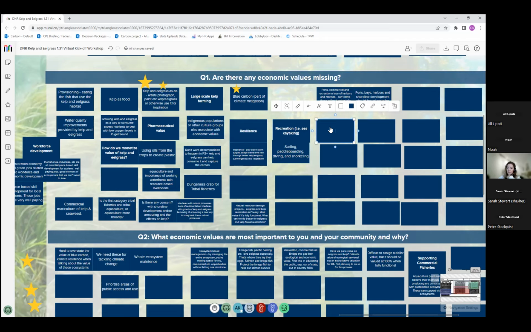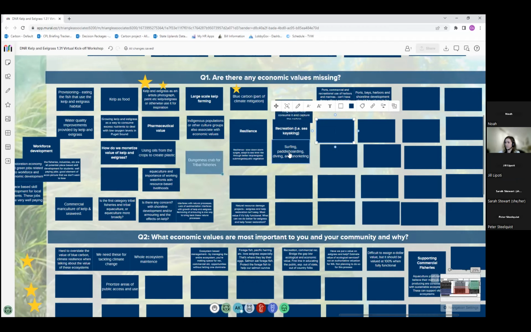And then Noah, I saw your hand up. Yeah, my name is Noah Dennison. I'm an undergraduate student in Columbus, Ohio, who is planning on coming out and doing a little bit of anthropological research on the seaweed industry and the burgeoning aquaculture industry out there this summer.